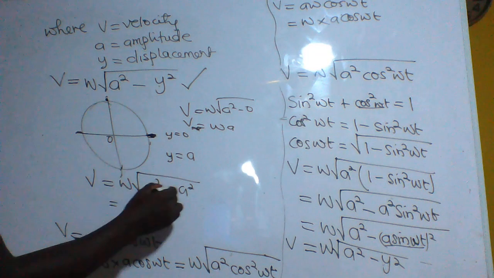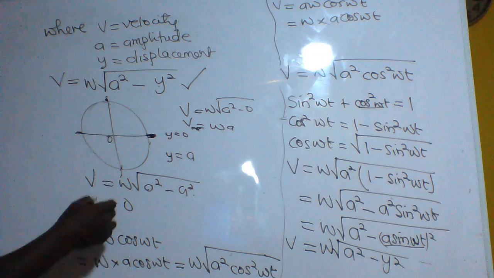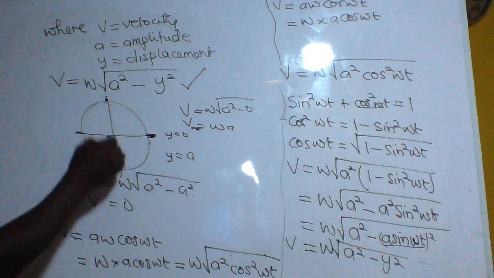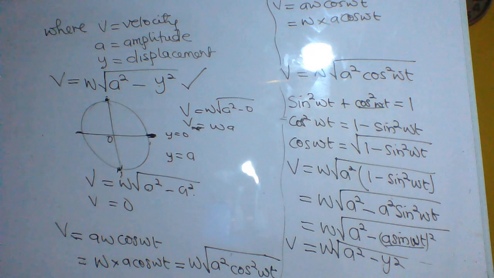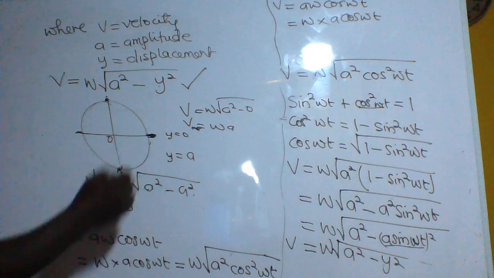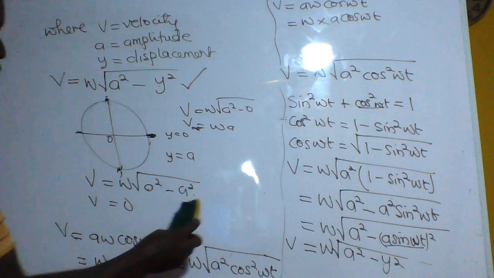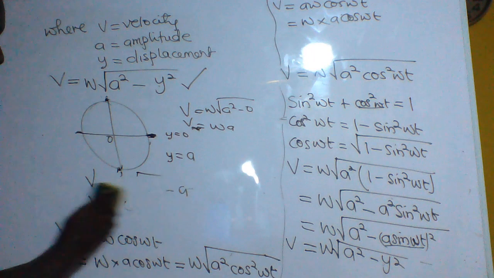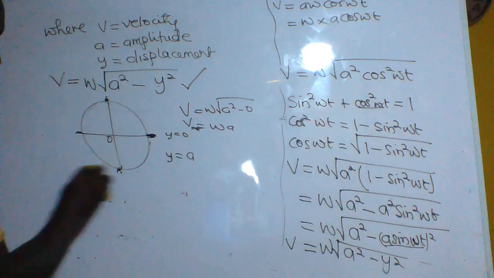And what is a squared minus a squared? This is 0. So it means that the velocity is minimum at the extremes, and maximum when crossing the mean point, or when crossing the equilibrium position.